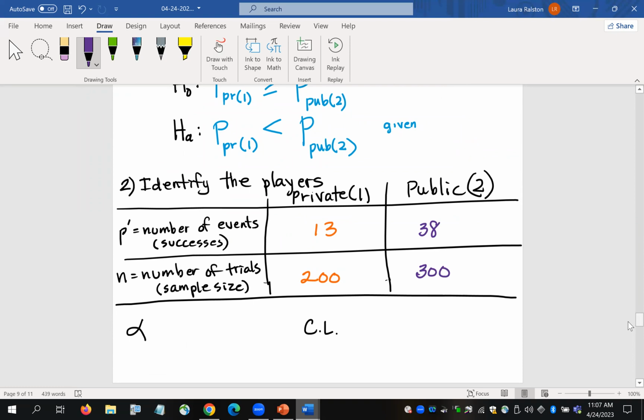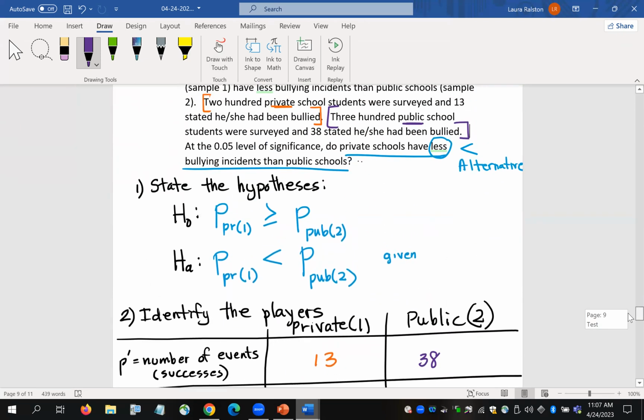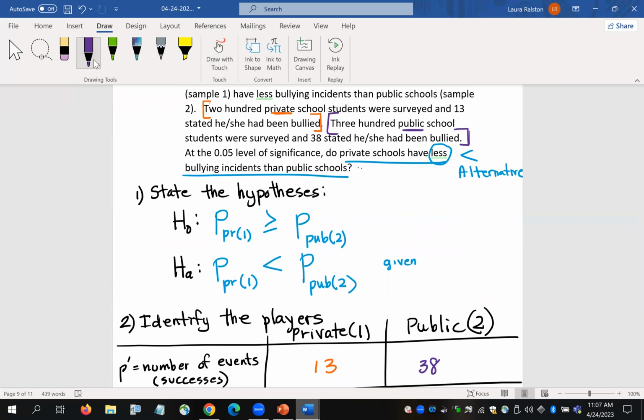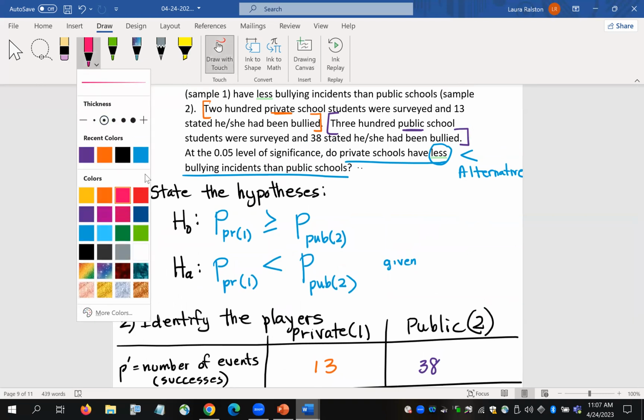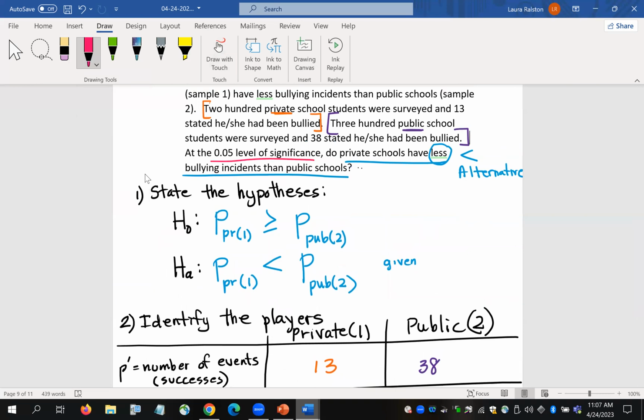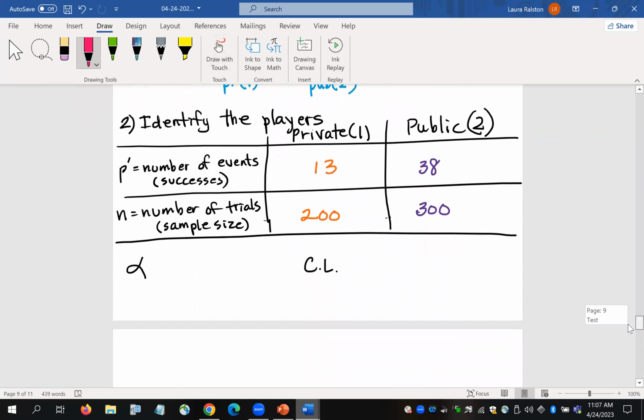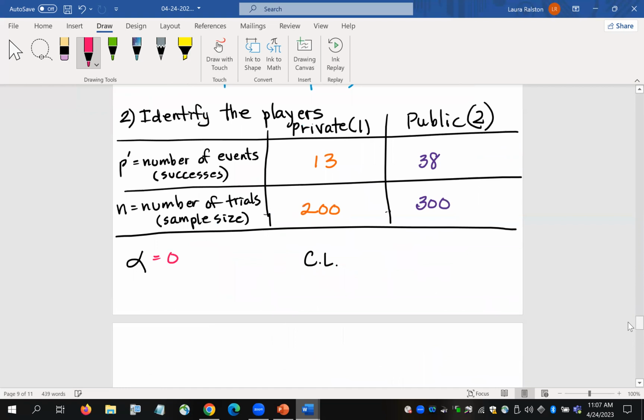Notice the groups are different sizes. It's okay. And it says use a 0.05 significance level. So my alpha is 0.05 or 5%, which means my confidence level is 95%. All of that is coming directly from the story, and it is typically very straightforward. They're not trying to confuse you or mix you up.